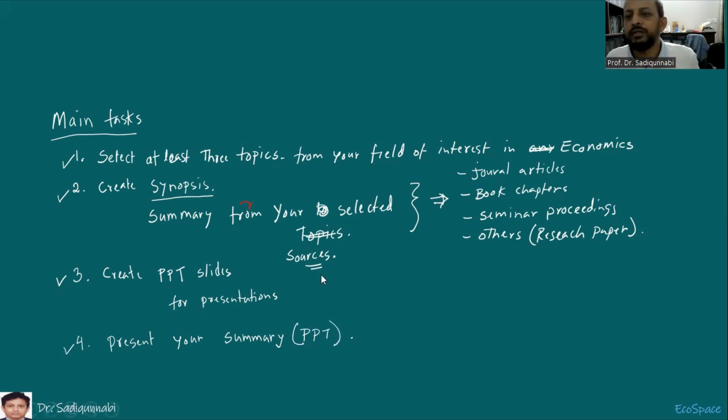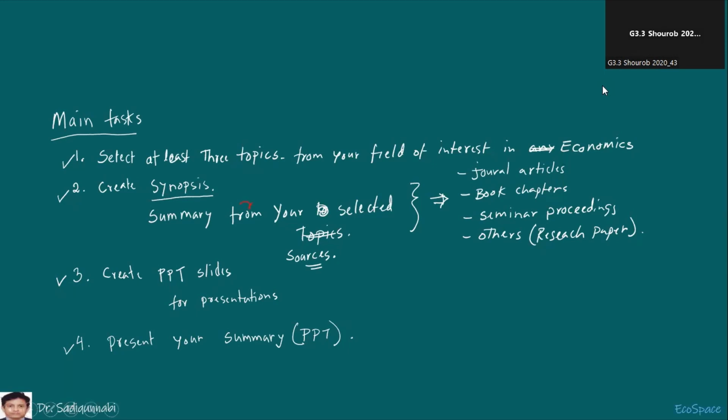Let me ask you, how many tasks do you have in this course? Sir, 4. Four tasks. Then what are they? Sir, firstly, select at least 3 topics, second is create synopsis, third is create PowerPoint slides for presentation, and fourth is present your summary.